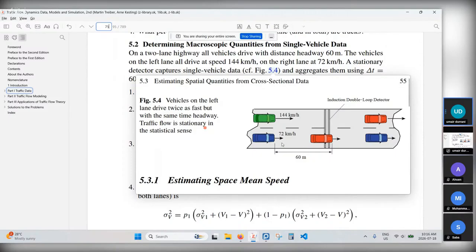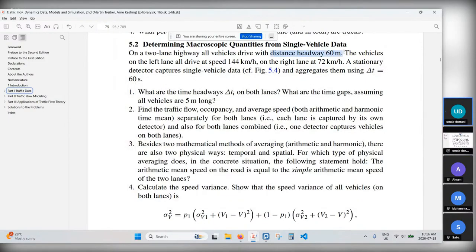In the exercise, they are saying that all the speeds of the right lane vehicles is still 72. All the speeds of the left lane vehicles is still 144, but the distance headway remains the same. It remains at 60 meters, not only in the right lane, but also in the left lane, which is mentioned right here, the distance headway of 60 meters.